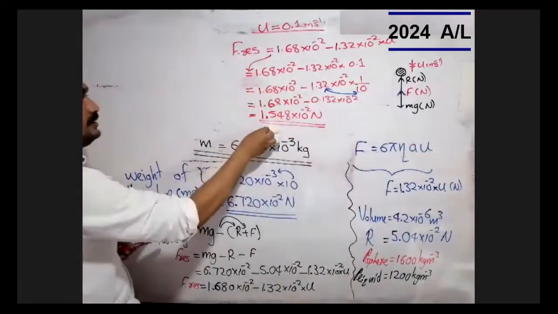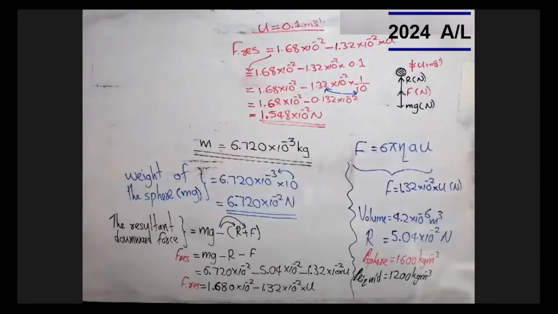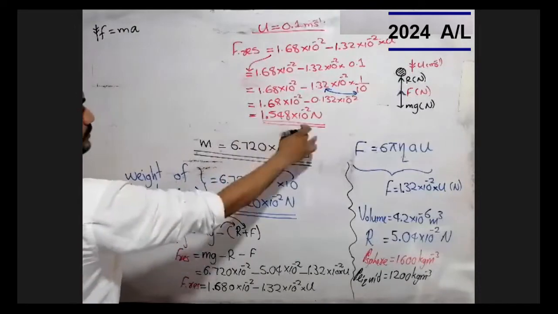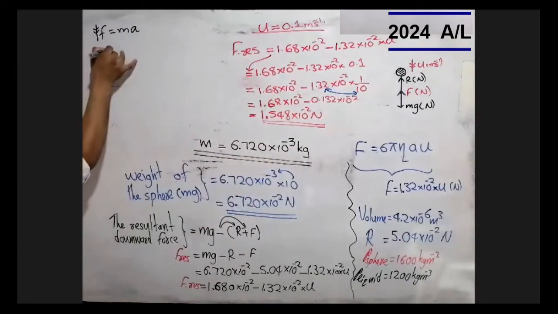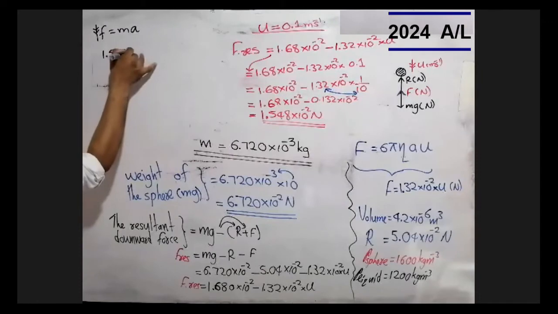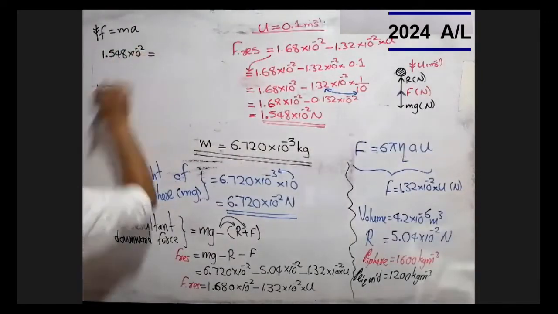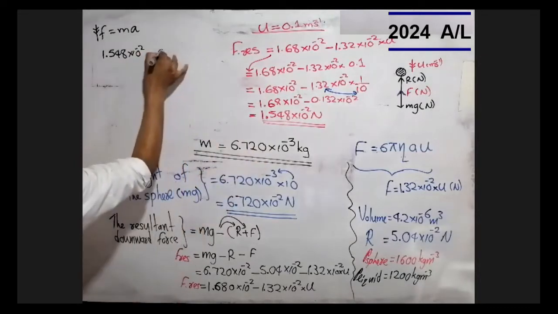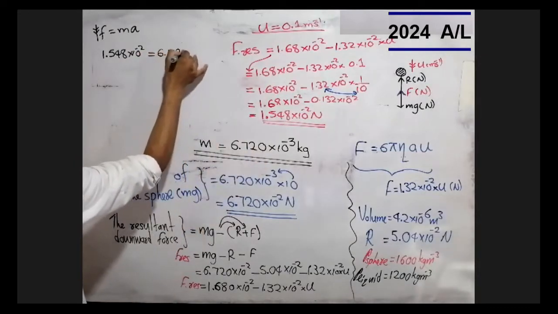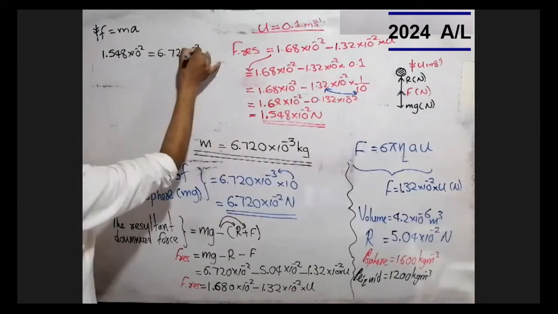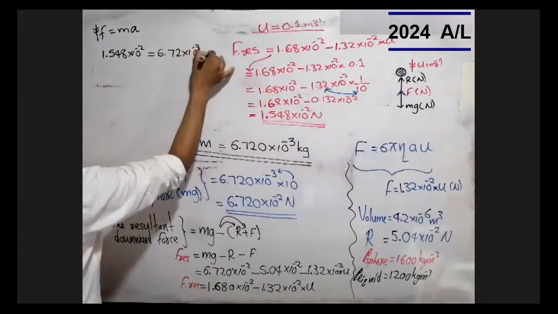Right. Now I'm going to apply F equals ma to the sphere vertically downward. The downward resultant force acting on the sphere, we have found it: 1.548 into 10 to the power minus 2 Newton. Mass of the sphere, 6.72 into 10 to the power minus 3, into acceleration.